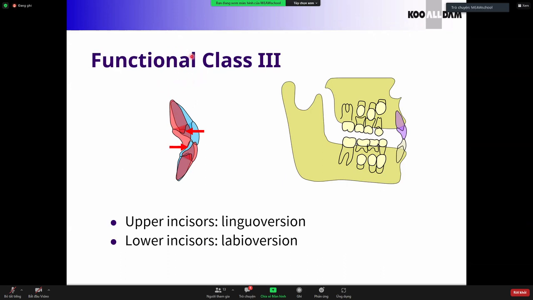And this is, as you know, a functional class 3. You can see lingual version of upper incisors and labial version of lower incisors. So the mandible may move forward.